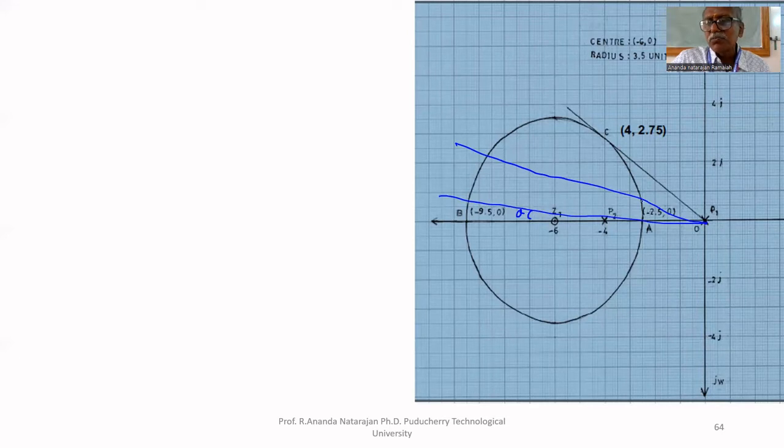Suppose this point is A and this point is C. If you compare A and C, D and E have lesser zeta.